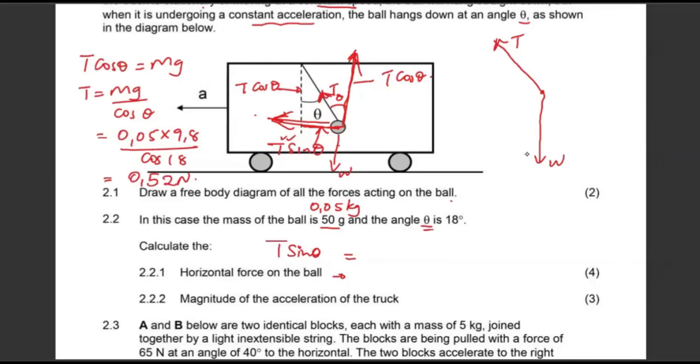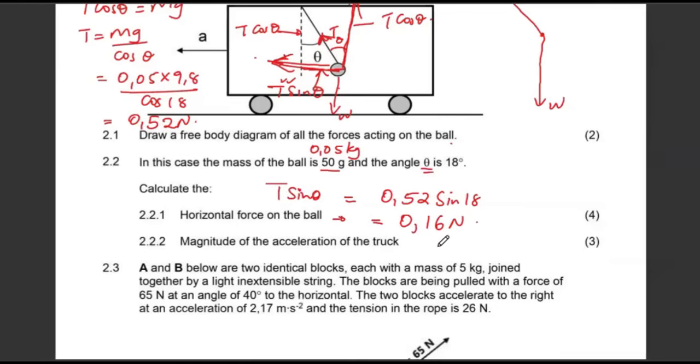So that's our tension, meaning that for us to get the horizontal force, it's going to be 0.52 times the sine of 18. Sine of 18 gives me 0.16 newtons. So that is how I would have gone about that question. Remember, the rounding off just needs to be maintained to 2 decimal places, because my calculator was giving me something bigger than that, but it's okay.